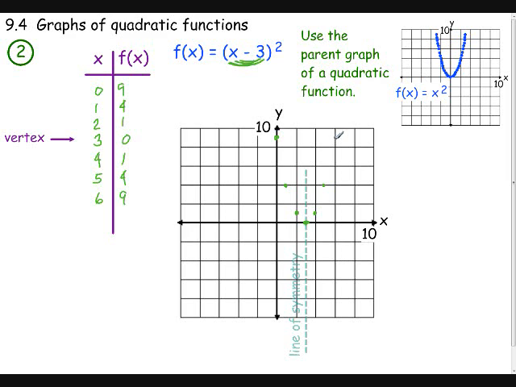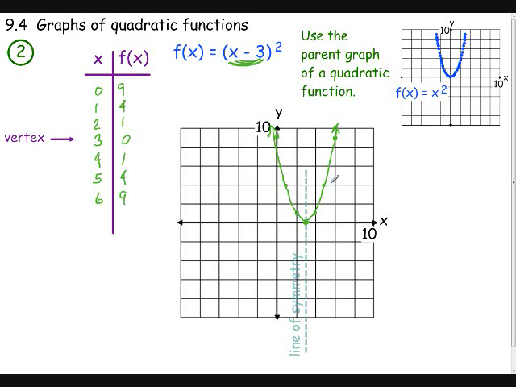I should make that just a little stronger. And we'll draw it again because I accidentally got rid of my line. There. So I've got my parabola.